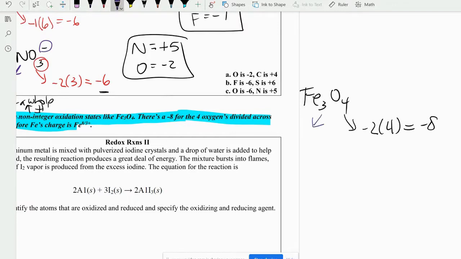Well, there's only 3 of them. So basically it must add up to a +8, right? Well, consequently, it would be a non-integer number. And so you can say 8/3 would be the oxidation state for iron, and oxygen would have a 2-. Okay. All right.